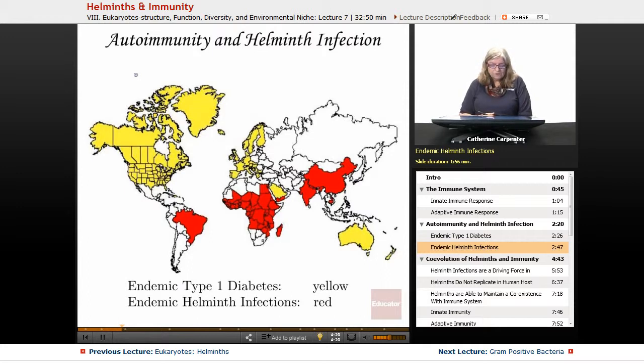So there isn't really any overlap here between the red and the yellow. And a country like India, which I've been talking about, is moving towards being a developed country. It has a ways to go, but interestingly, diseases like diabetes are actually increasing in incidence.